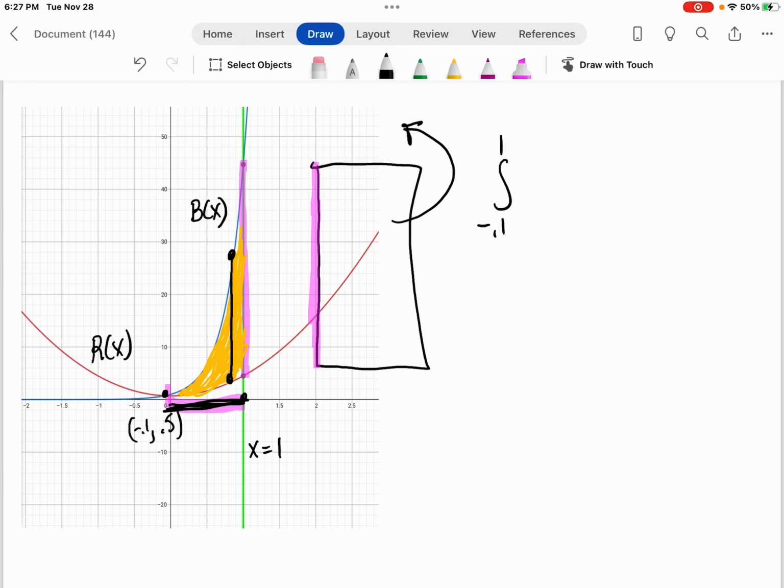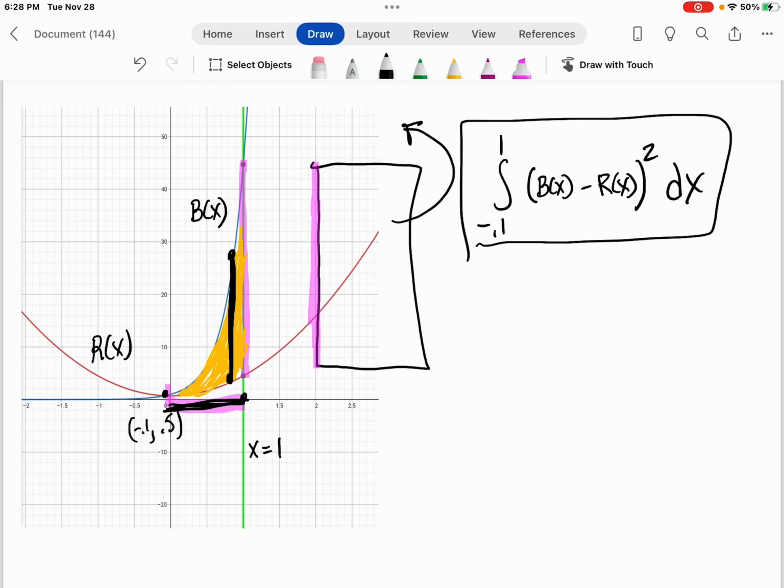If I find the length of the square, I can do that by finding the difference between b of x and r of x. This is going to be the edge of one of my squares, so the length is going to be the function b of x minus r of x. So the area of each of those cross sections is going to be b of x minus r of x, squared.